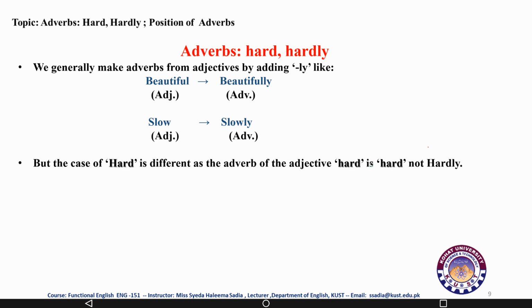When you are listening to my lecture afterwards, you can switch back to the previous slide and see that there is a lot of difference in the meaning of both hard and hardly. The sentences using the word hard and hardly are quite different. Like it rained hard and it hardly rained.